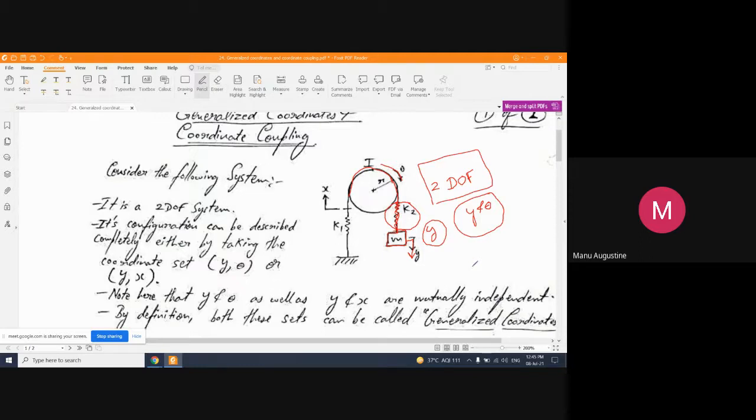So now that we are convinced that we are having a 2 degree of freedom system in our hands, so what do we know about the generalized coordinates? Now you say that somebody has used his mind and said, I do not like dealing with rotational variables. And believe me, there are a lot of people in this world who actually do not like rotational variables.